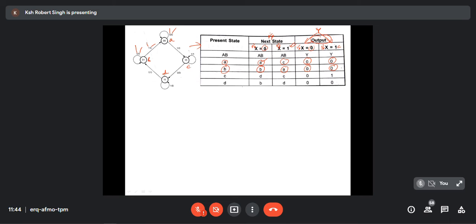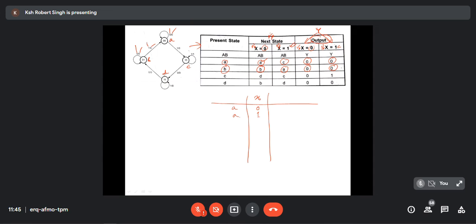Or in the exam, this is confusing. What you will do, you have to do like this in the exam. This will be very easy. X is my input. When it is 0, what happens? A. When it is 1, what happens?